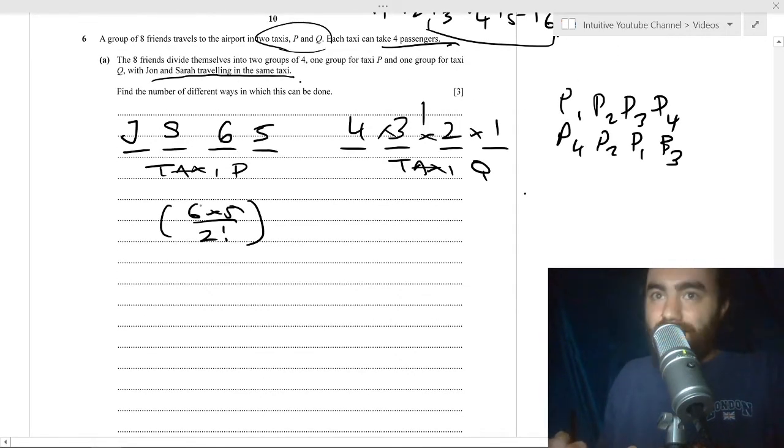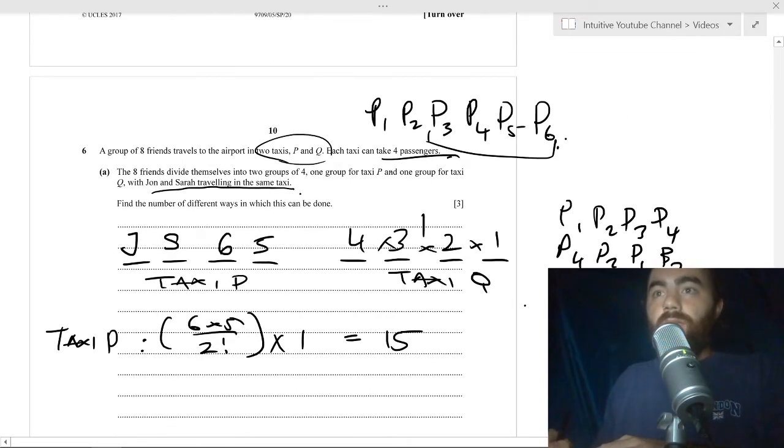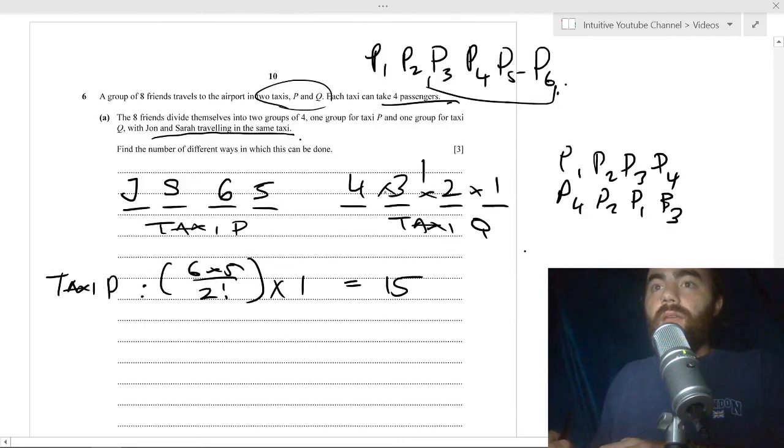So that means that if we put John and Sarah into taxi P, and then times 1 way, that equals 6 times 5 divided by 2, so it's 15, right? But then you have to remember, they're saying that they can go into one taxi.